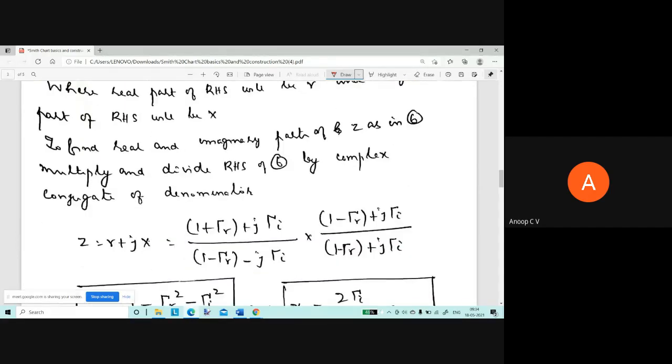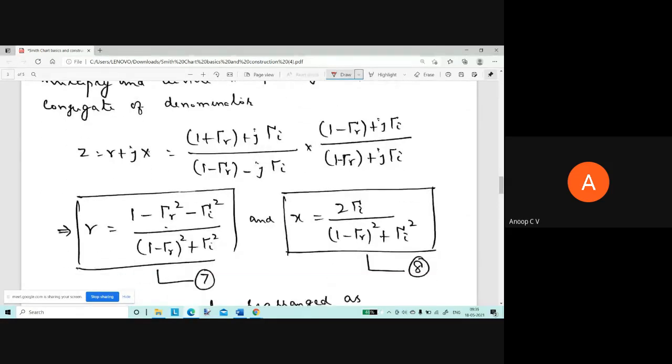To find the real and imaginary parts of Z, we are multiplying and dividing the RHS of 6 by the complex conjugate of the denominator. I mentioned it in here, so when you are reading it, you'll be able to appreciate it. So Z is equal to R plus JX, that is equal to our actual right hand side, multiplied and divided by the complex conjugate of the denominator.